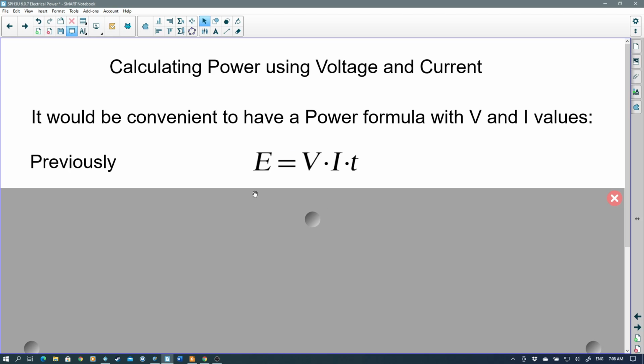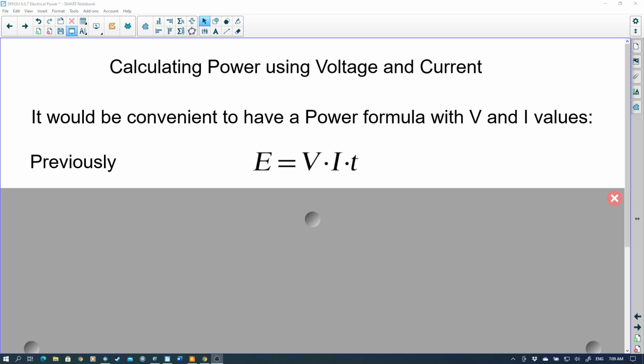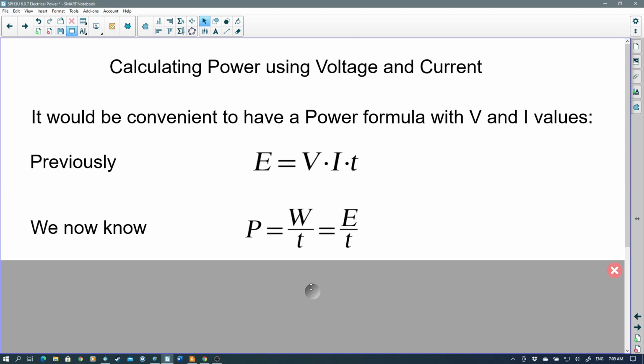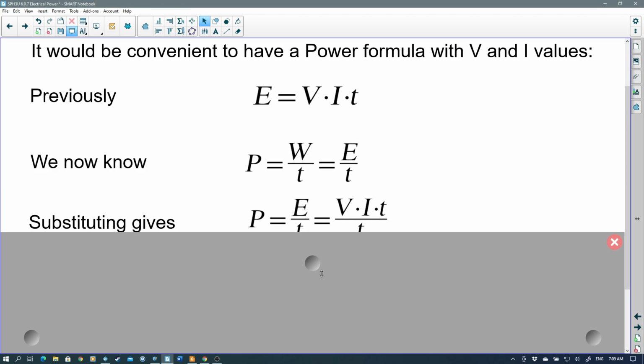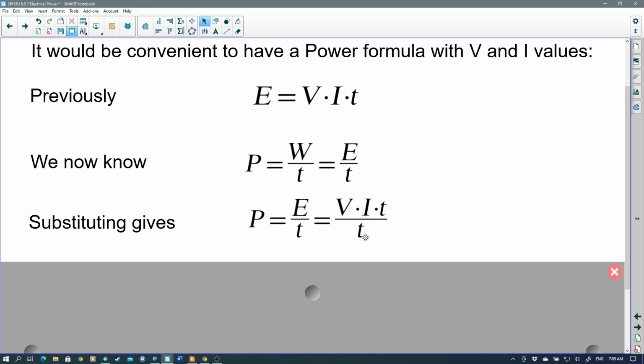We had written voltage with respect to an energy value like this. So we now know that this is the equation for power. That has an E in it, right? So if we have an E here and an E here, we can substitute, and we get VIT over T instead of E over T.